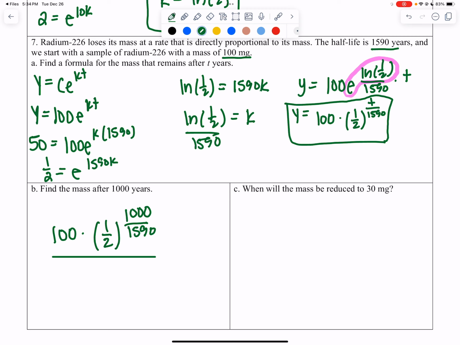Part C says when will the mass be reduced to 30 milligrams? So that's going to be your y. So 30 is equal to 100 times 1/2 to the t over 1590. And then, of course, we are just going to, once again, solve this. So you have 3/10 is equal to 1/2 to the t over 1590.